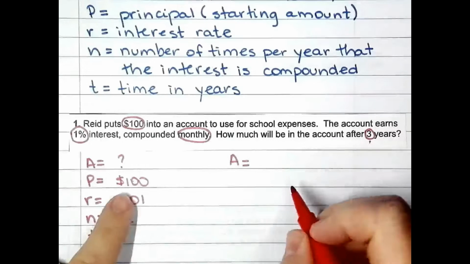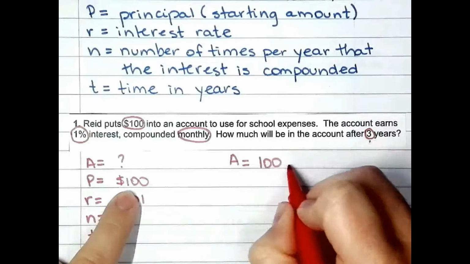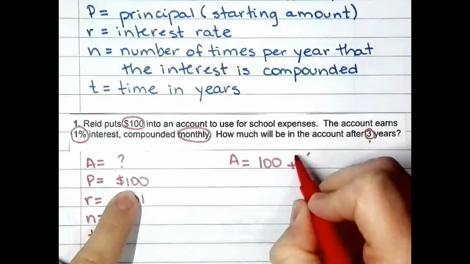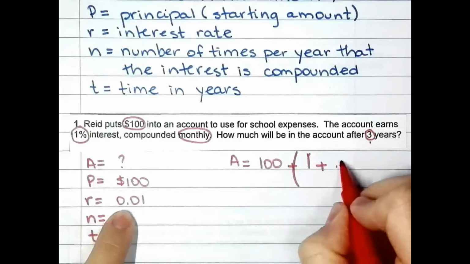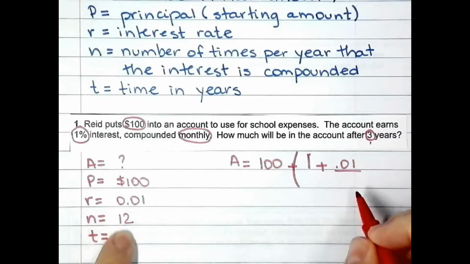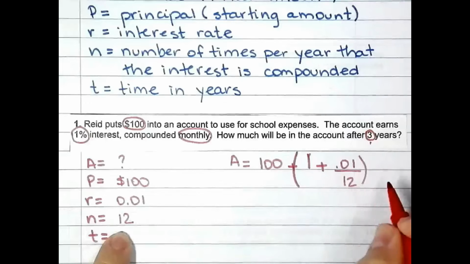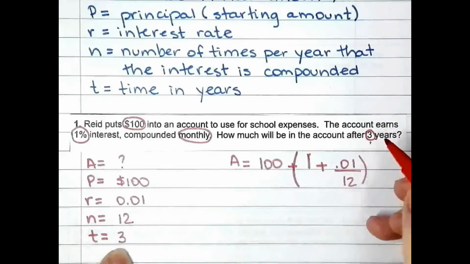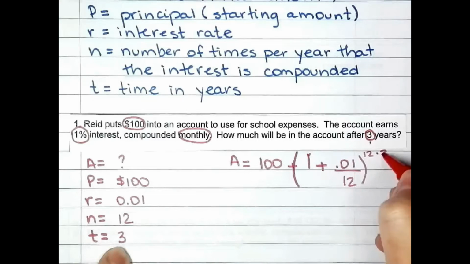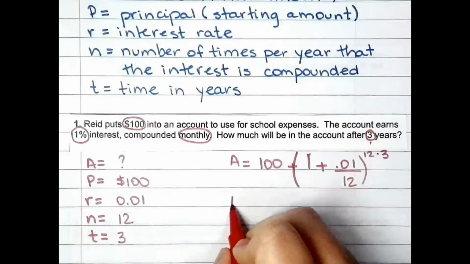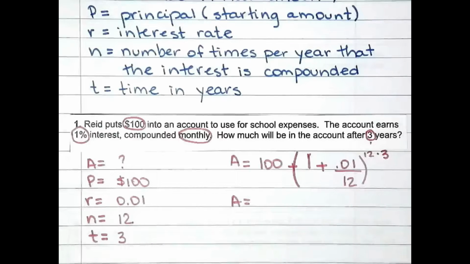A equals P. P is 100, times 1 plus R, 0.01, over N. N is 12. Everything raised to the power of N T. N is 12. T is 3. Ta-da! Put this in the calculator.